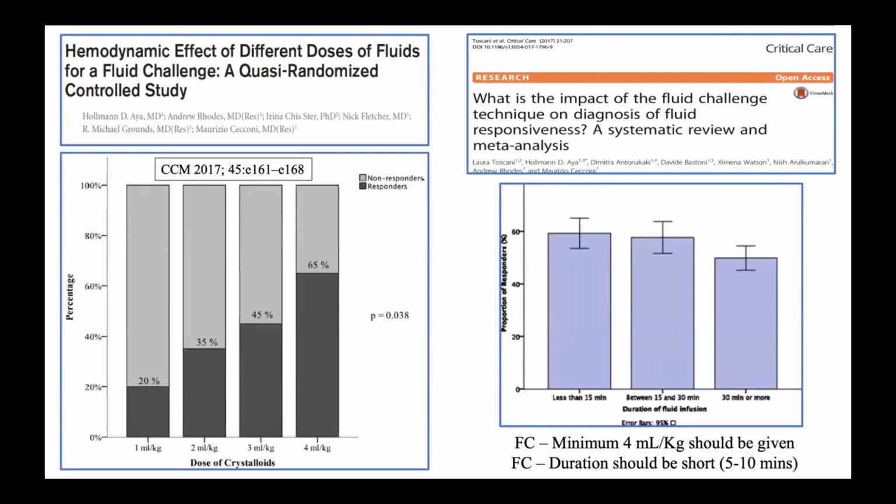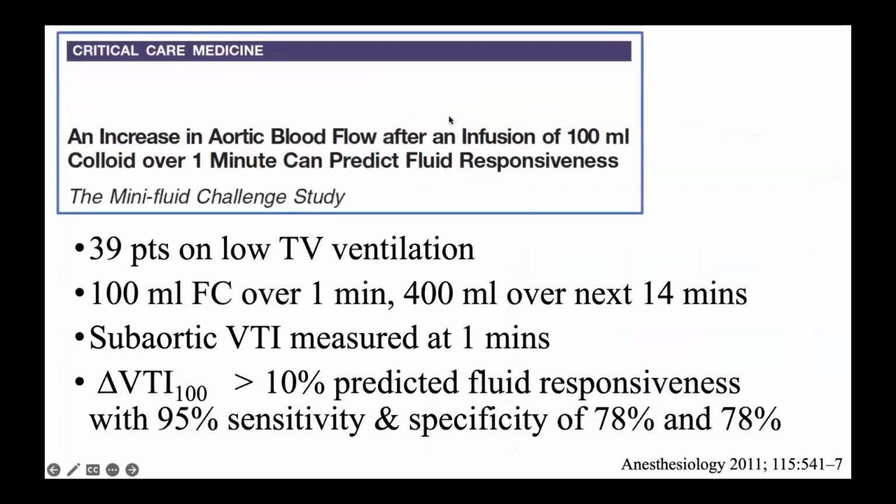A meta-analysis by the same group, published in 2017, looked at the impact of fluid challenge technique on diagnosis of fluid responsiveness, and they found that the duration of the test should be short and not very long.